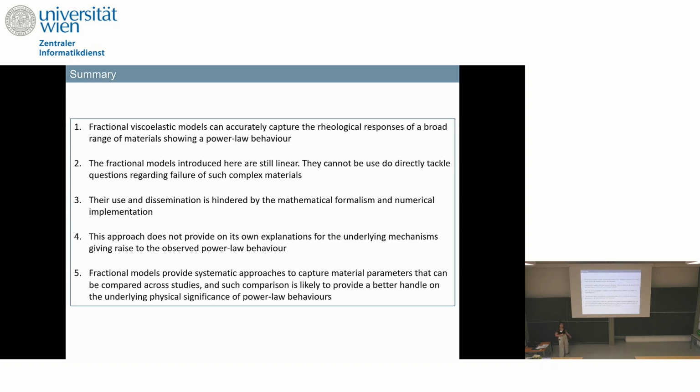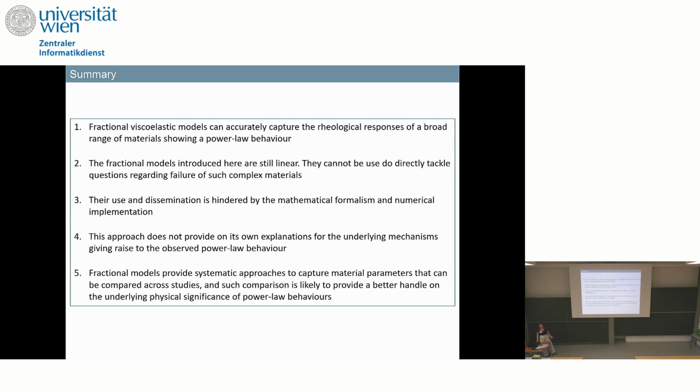So what hopefully we've given you today is an introduction to the theory of linear viscoelasticity. We've looked at the fractional models that are still linear. So if you have clear in your head the theory of linear viscoelasticity, everything is still the same, nothing changes. So we've seen their advantages: we can compare experimental data, we can compare results across groups, and we can make predictions with the same constitutive equations.